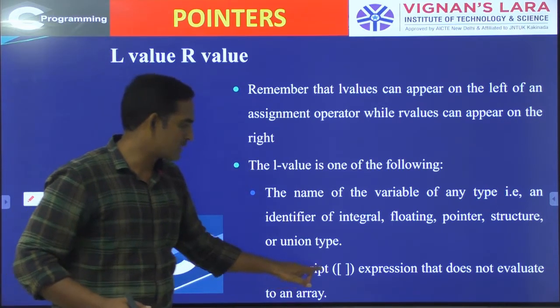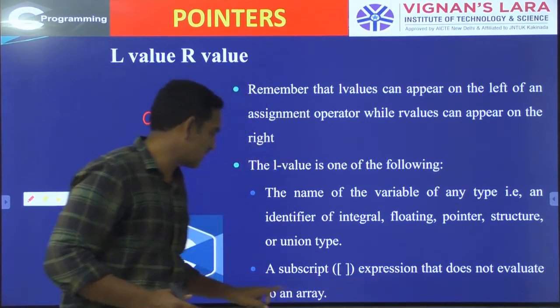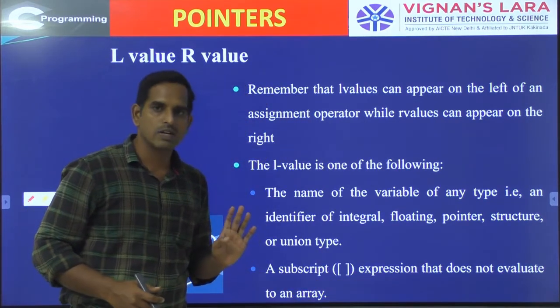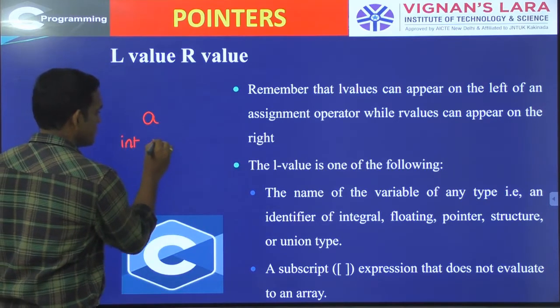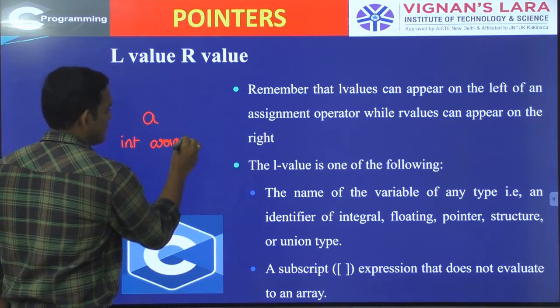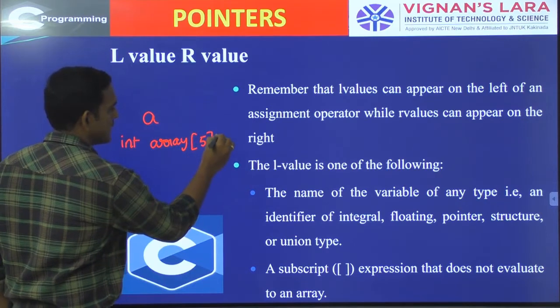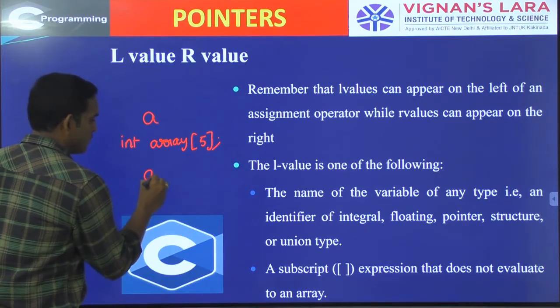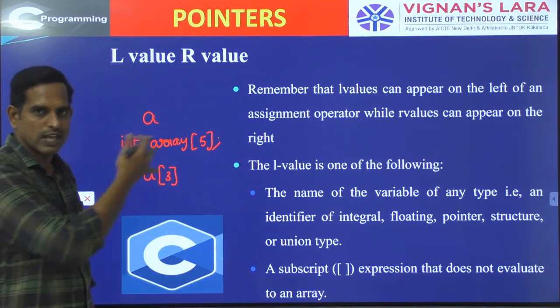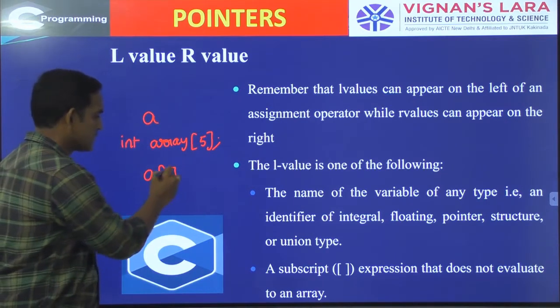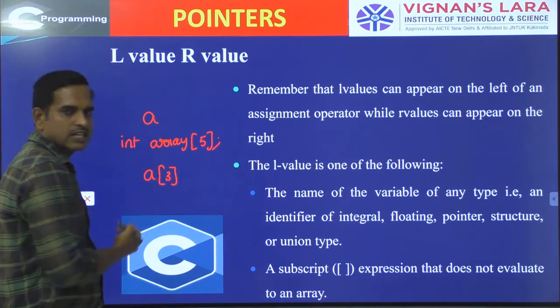The second one is a subscript expression that does not evaluate to an array. A subscript expression, that is, if you have an array with 5 values, and A of 3 will represent the 4th element in the array. This subscript expression will represent an L value.